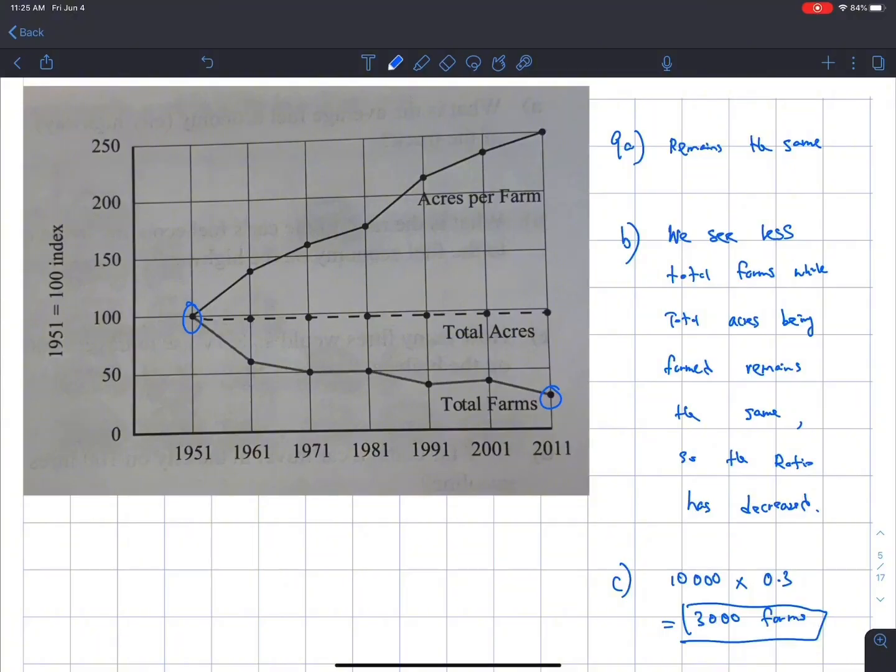If a farm's average acreage in 1951 was 120, how large is the average acreage in 2011?